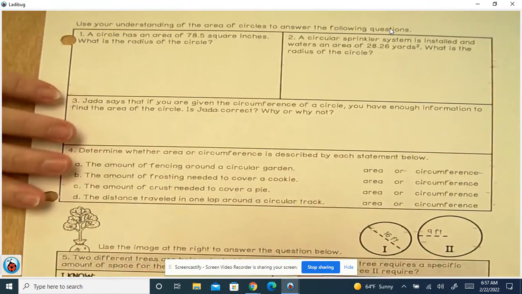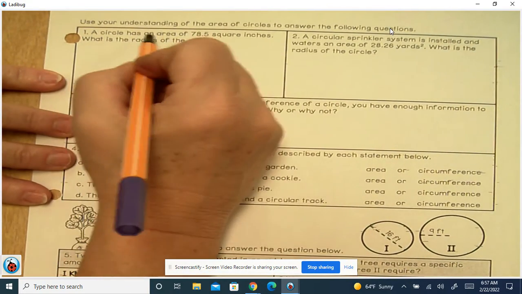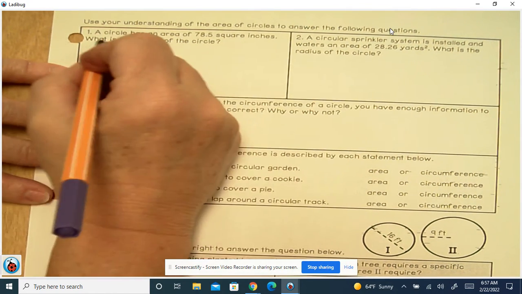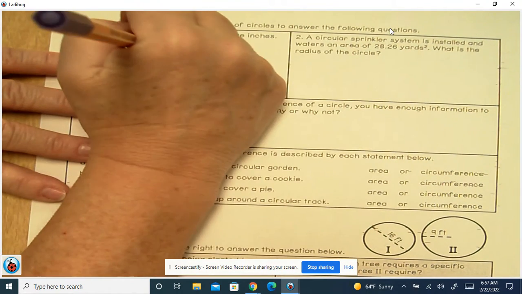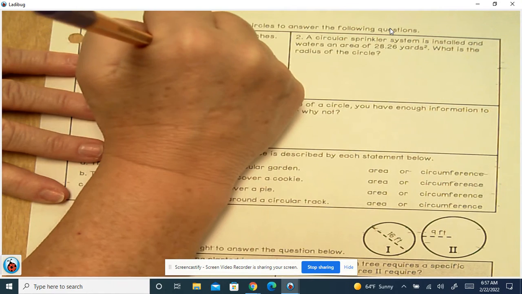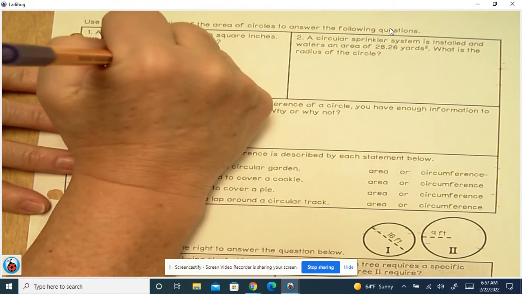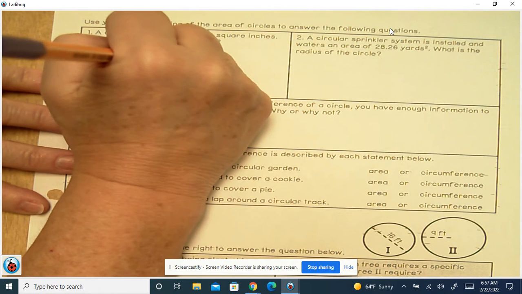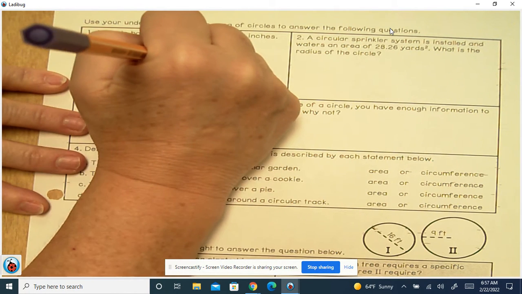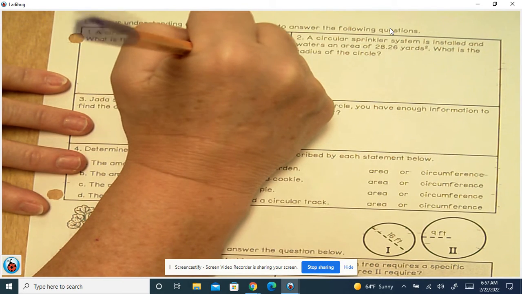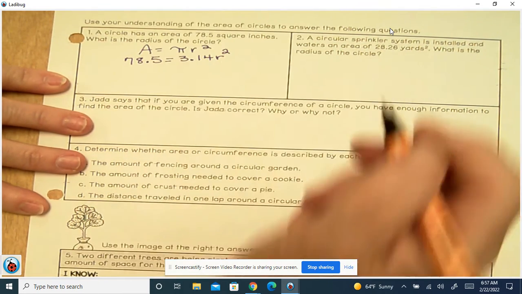And for this problem, here's a word problem. A circle has an area of 78.5 square meters. What is the radius of the circle? So we have the area equals pi r squared. The area is 78.5 equals 3.14 r squared.